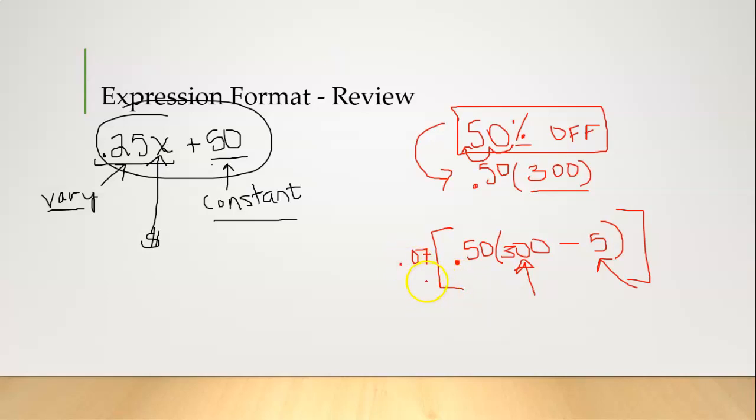So I converted that percent to a decimal. Again, remember, you do not have to convert percents to decimals. I'm just showing you that in the expressions we're going to look at, you're going to see these decimals, and those are basically the percents converted. So whenever you see you're multiplying by a decimal, you're doing a percent off or you're multiplying by a tax rate to change the value of the whole expression.